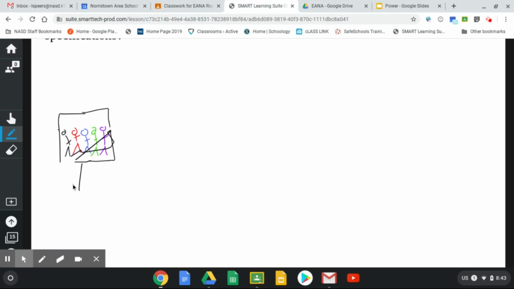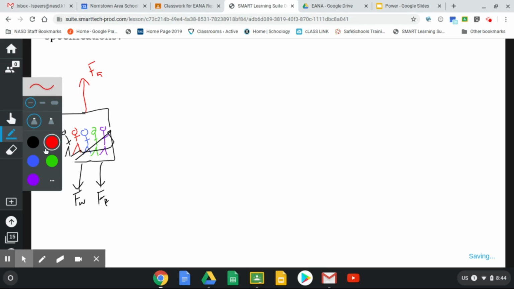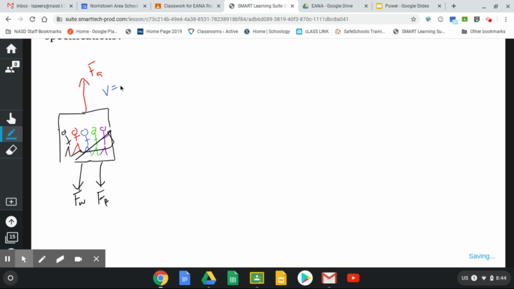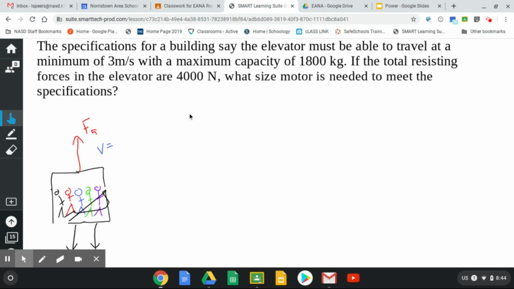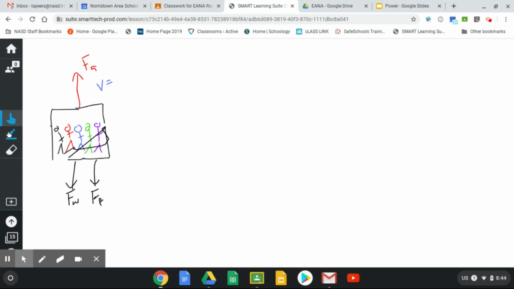All right, so we know that there's a weight force holding this down, and we also know that there's some type of friction or resisting forces working against us, and we want to apply a force that's going to raise this elevator traveling with a velocity equal to 3 meters per second.